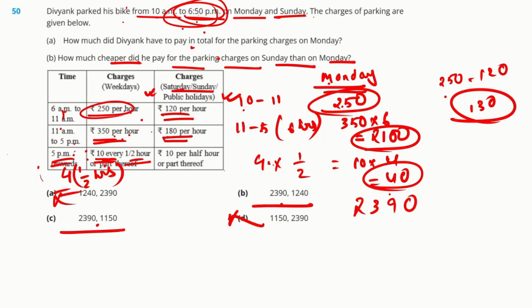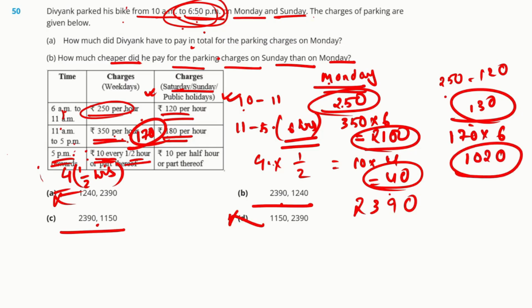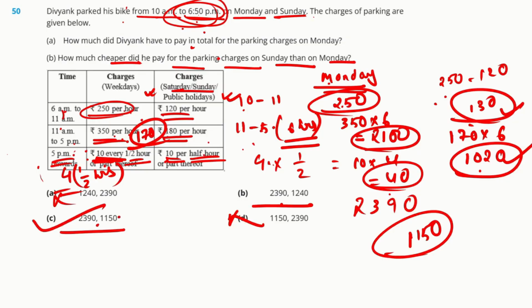So 350 minus 180, 170 rupees cheaper, for 6 hours. So 170 into 6, he has paid 1020 rupees less. And for the last 4 half hours, from 5 to 6:50, he has paid the same amount, 10 rupees every half an hour, so that won't count. So 1020 and 130, that's 1150 rupees less he has paid. So option C is the answer.